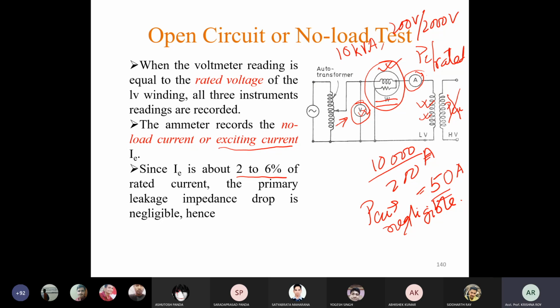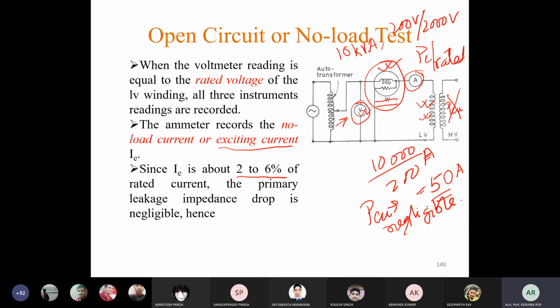Can we consider it? Agreed? So can you please repeat the last statement? See, we are applying rated voltage and core loss is voltage dependent loss.